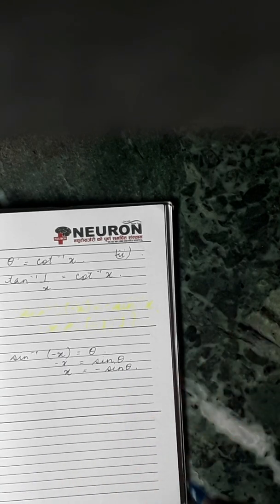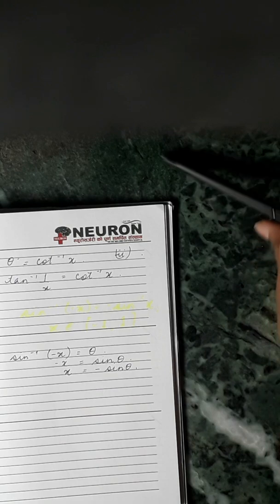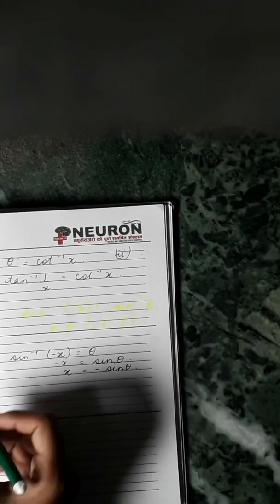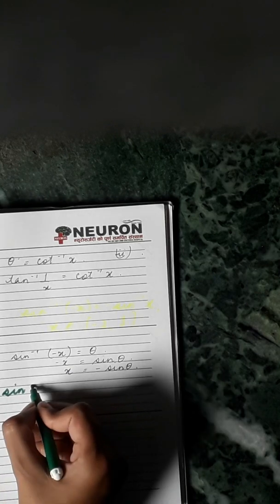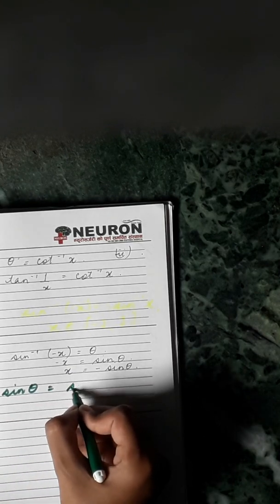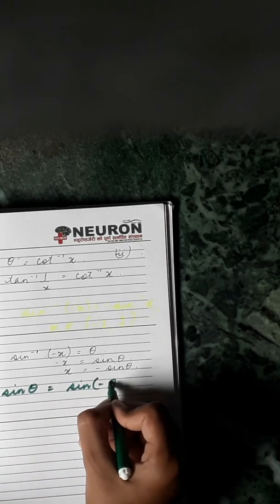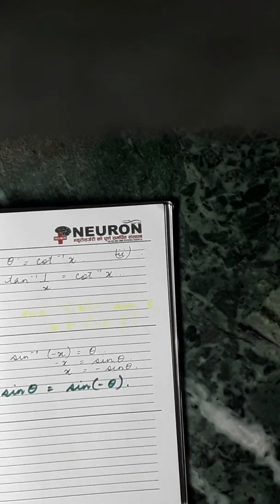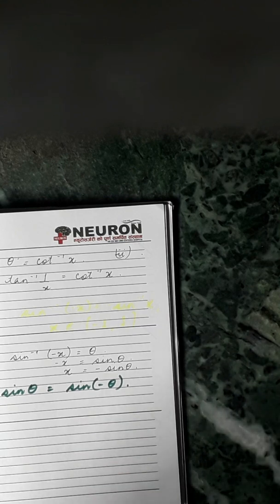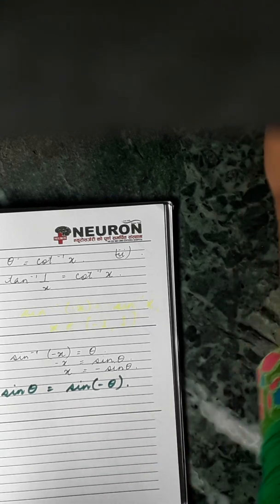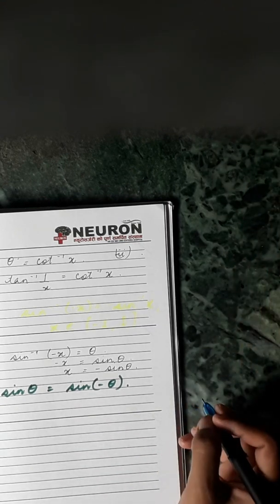Now what is the next step? Can you write sine of minus theta as equal to minus sine theta? Remember, I have also mentioned this identity in the previous lecture. This is an identity. You can write minus sine theta to be equal to sine of minus theta.